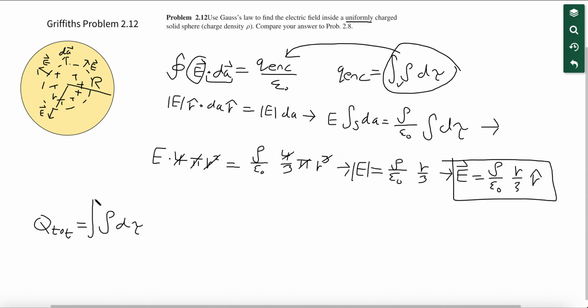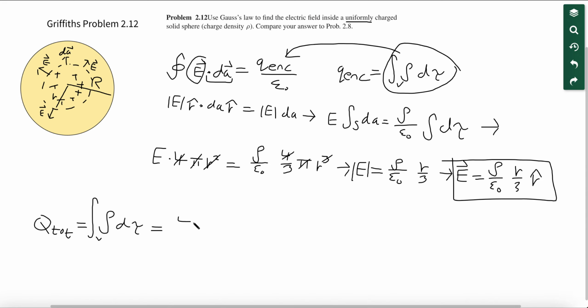And don't forget, because it's multiplied by the volume element, there is going to be a volume integral. When we're solving for the integral over the solid sphere, it's not going to have little r as the radius, but big R, because now we're dealing with the entirety of the sphere.